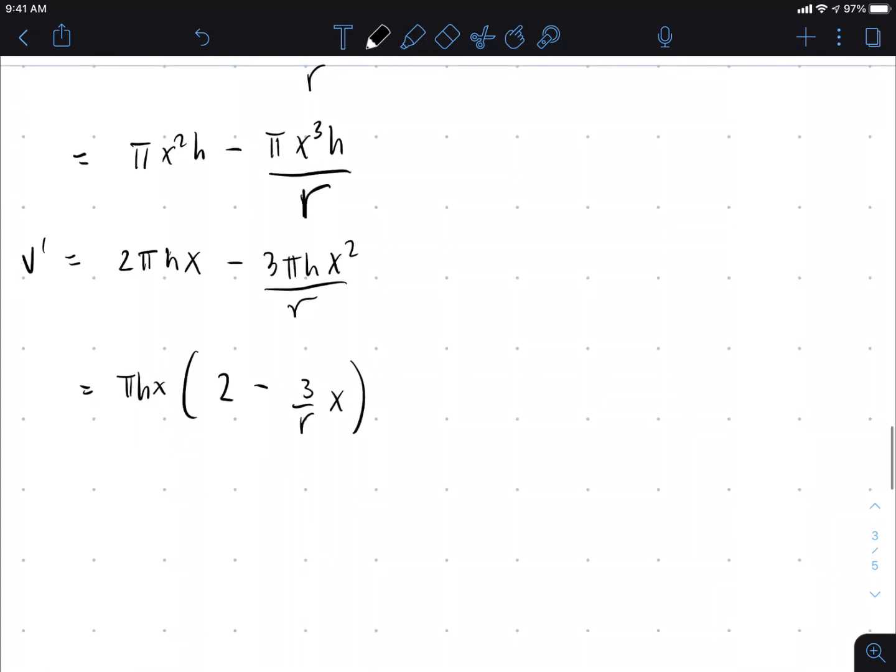So I can see x is either 0 or x is equal to 2r over 3. And clear as day, if the radius is 0, we have no maximum volume. So the maximum volume has to occur at 2r over 3. Does that make sense?